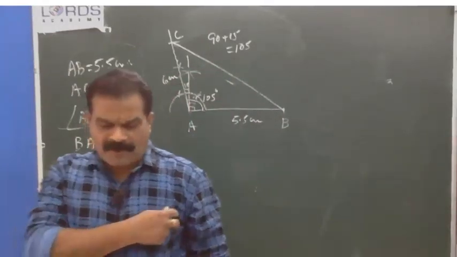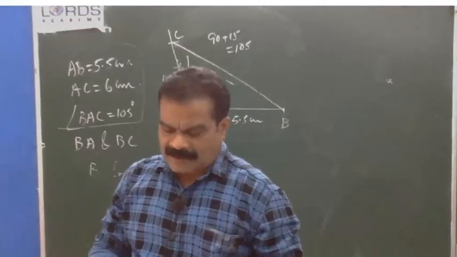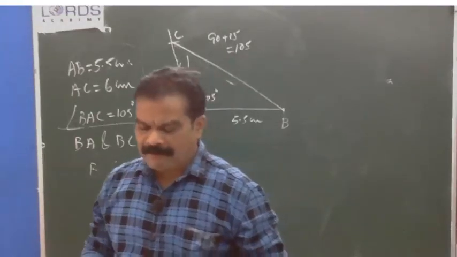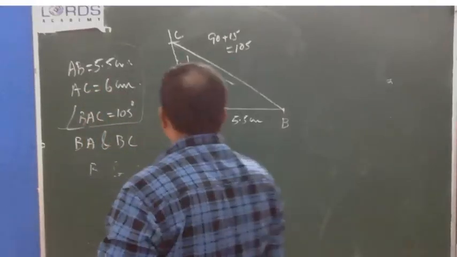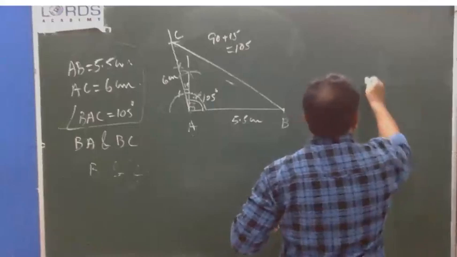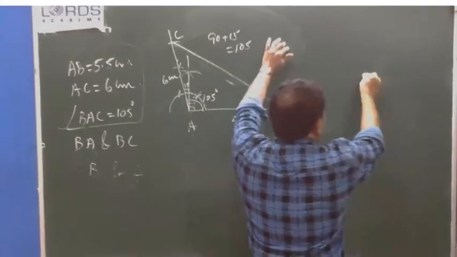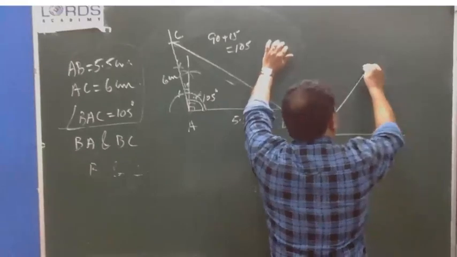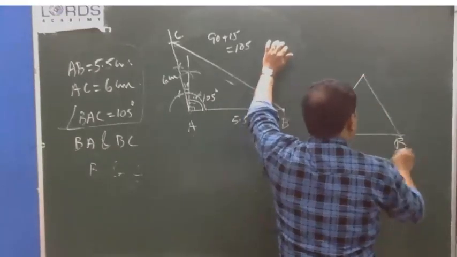First part is over. Second is, construct the locus of points equidistant from BA and BC. What is the meaning of that? Suppose I draw another triangle here, ABC.